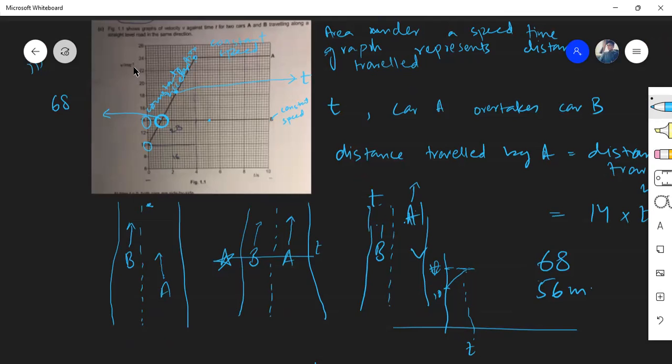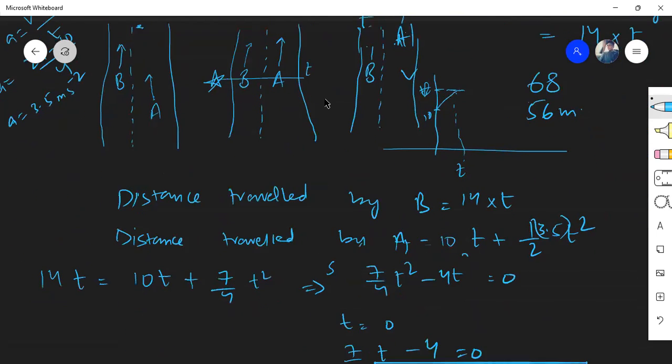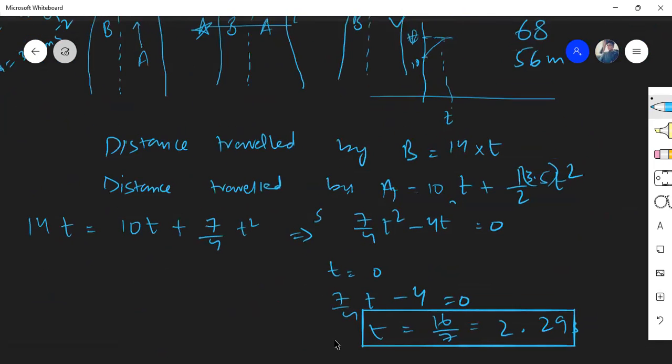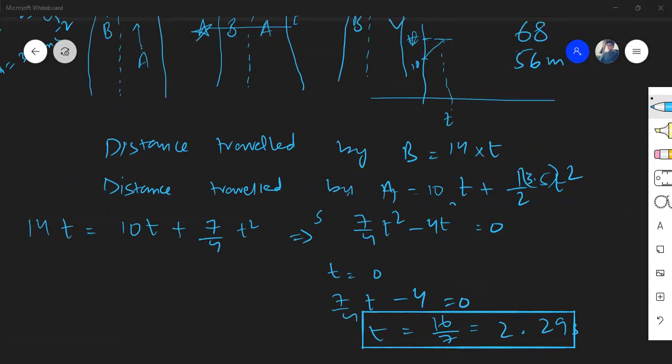So a is equal to v minus u divided by t. v was 24, u was 10, and the time it took was 4 seconds, so a is equal to 3.5 meters per second squared. Is that okay with you? Is the answer correct? I just want to double check. Is the working clear? We're going to move on to the next question.